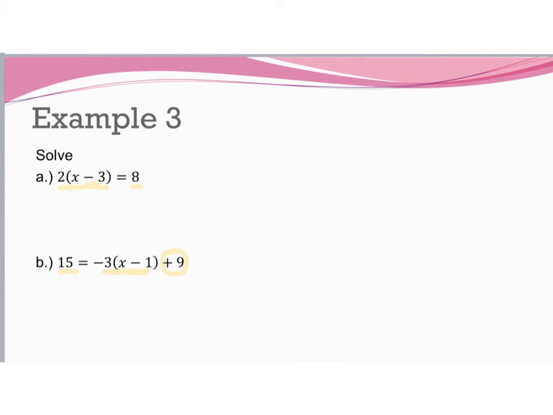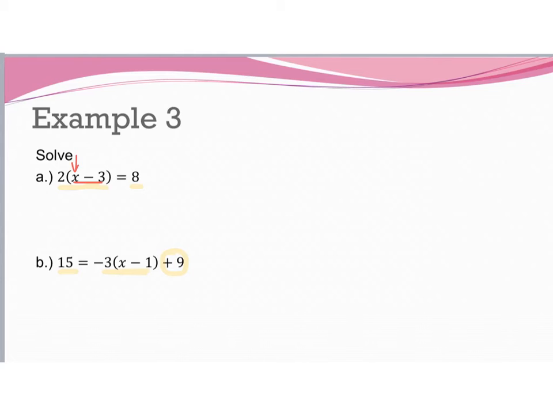Now, if I were you guys and I was approaching this problem, I see that I have 2 times the quantity of x minus 3 equals 8. So I want to get x by itself, but x right now is really being locked inside this set of parentheses with x minus 3. So I need to get rid of anything that is being attached to it.